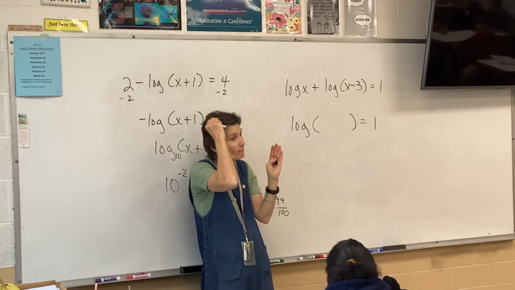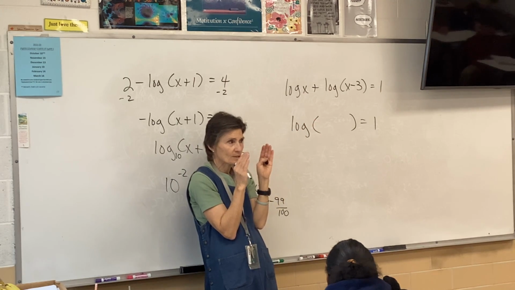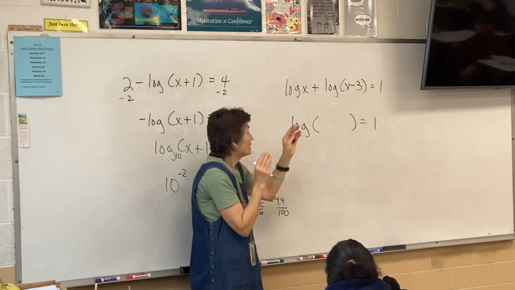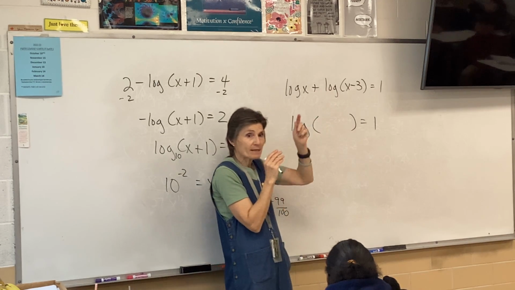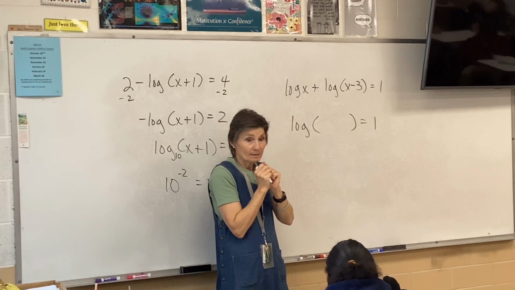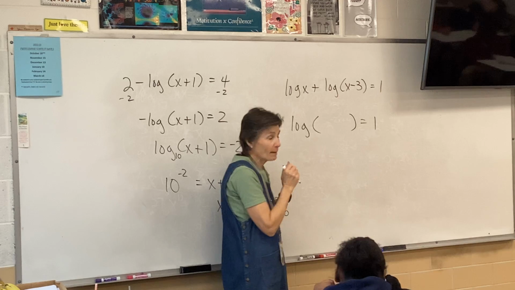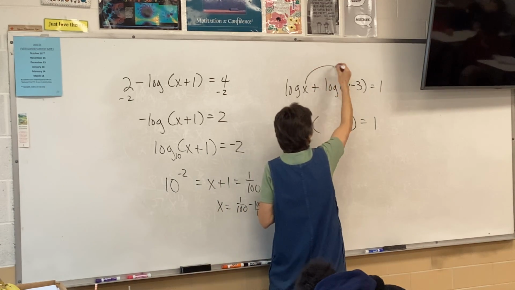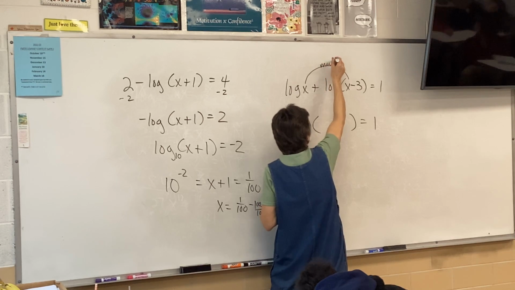Now, who remembers your properties of logarithms? When I put them together, if it's an add, it becomes a multiply. And then I'm going to multiply them together. Yep, that's exactly right. So I'm going to put these 2 together, and they're going to go together as a multiply.